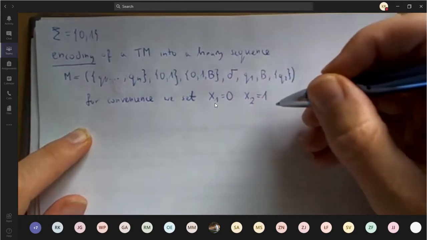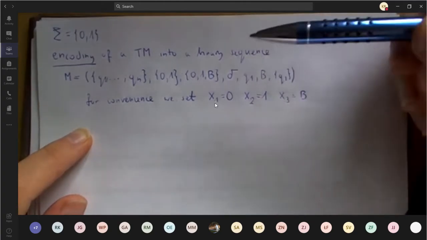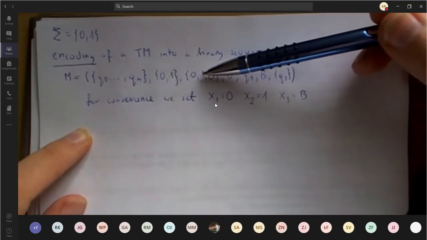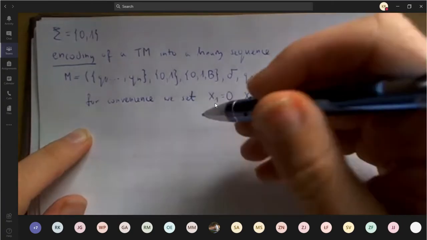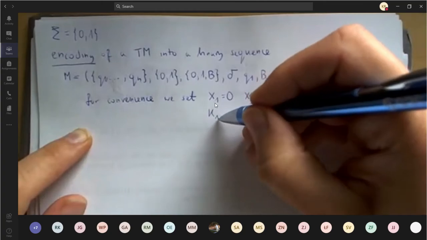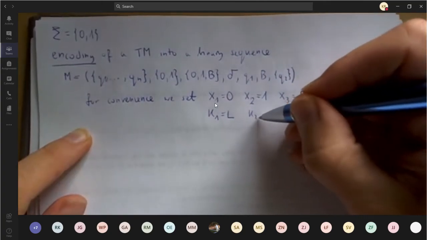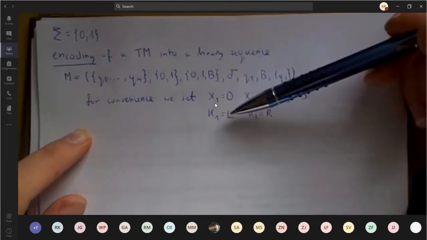X2 is 1 and X3 is B. So our tape alphabet symbols are X1, X2, and X3. And we set K1 to L and K2 to R. So the head can move to the left or to the right, K1, K2.